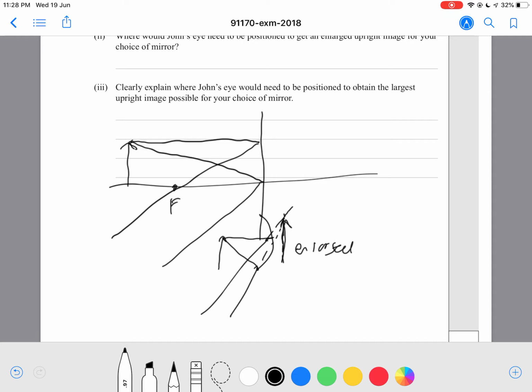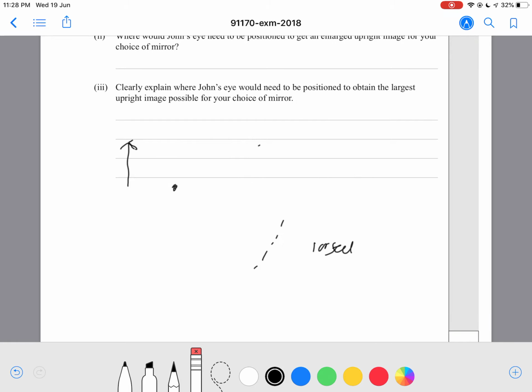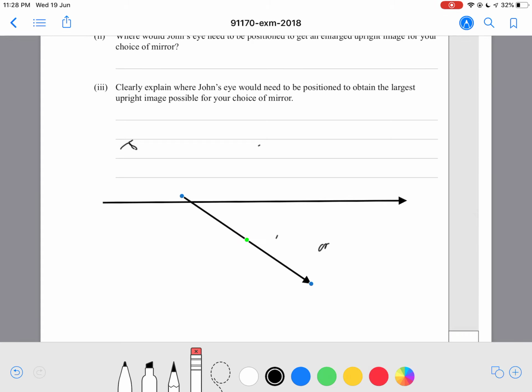Now if we draw it back, sorry, it's not really working out. If I just use arrows, you'll understand better. Actually, it's not very good to use inaccurate drawings.